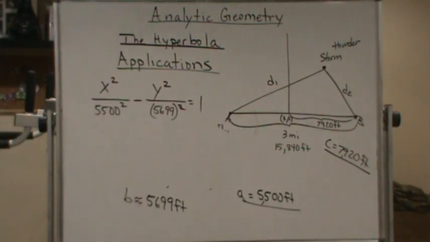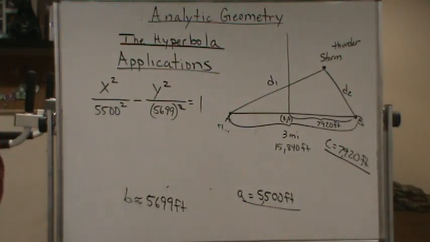So where the thunder came from must be a point on the curve of this equation of the hyperbola.